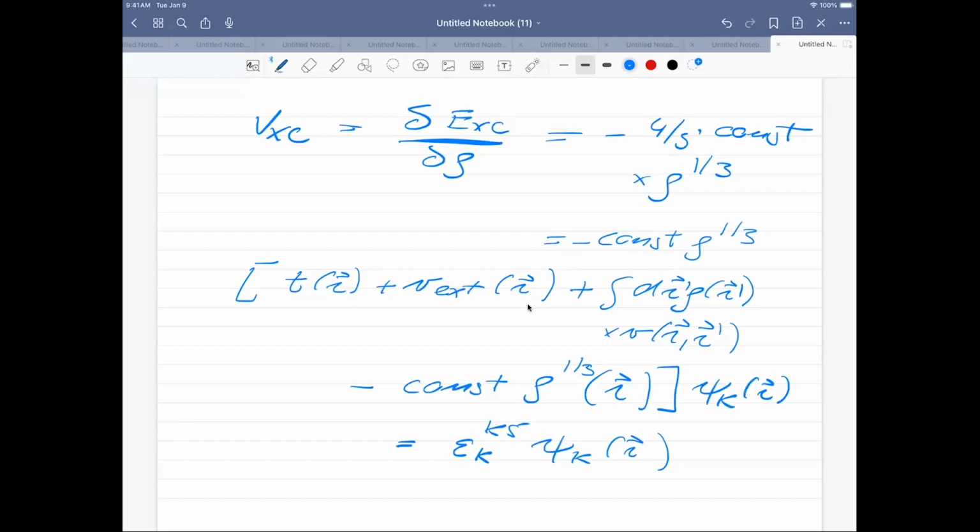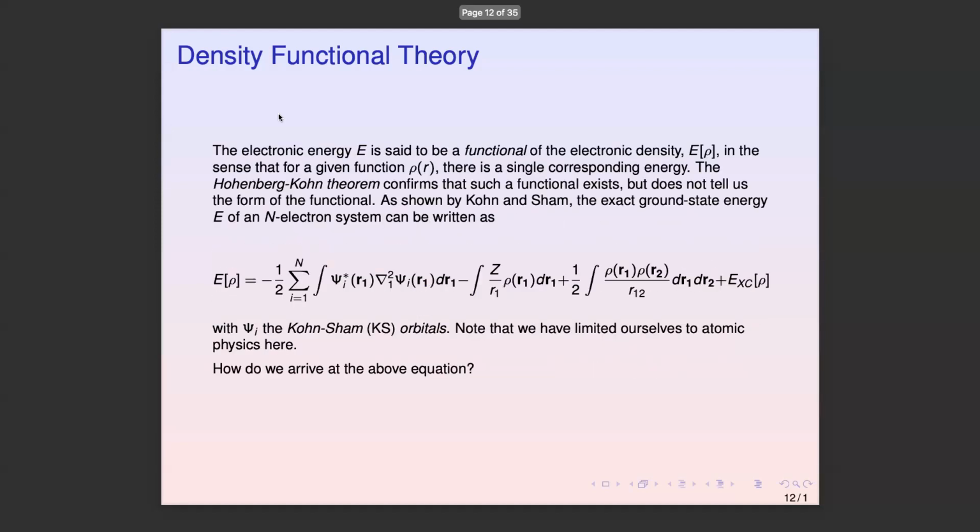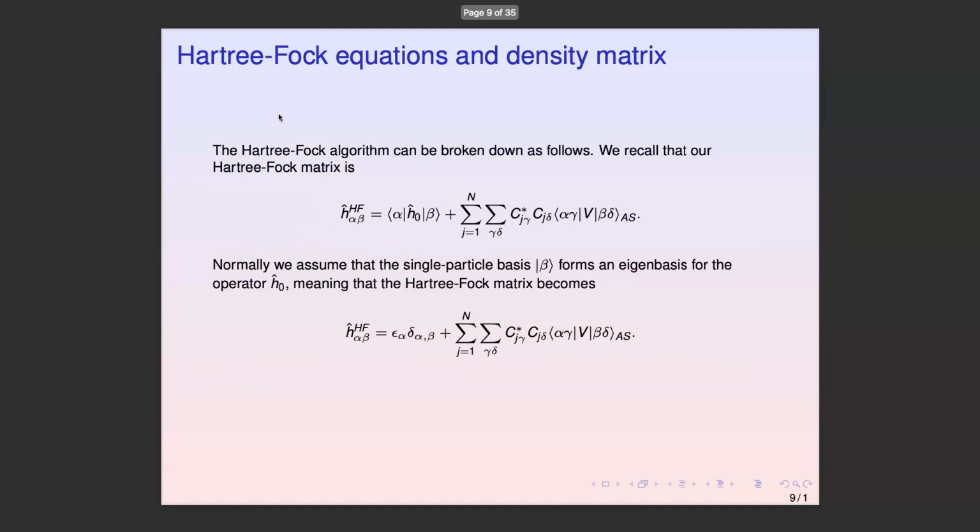So if you look back at the equations which we had earlier, let me just bring them up here in the slides. So if we go back to the Hartree-Fock equations, where did that end up? Here we are.